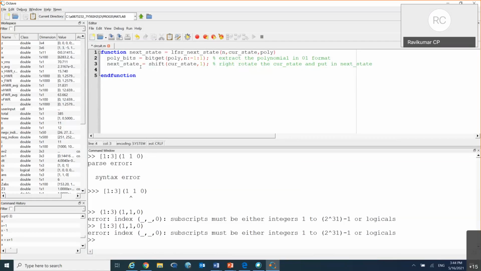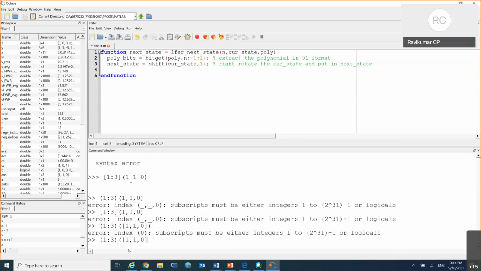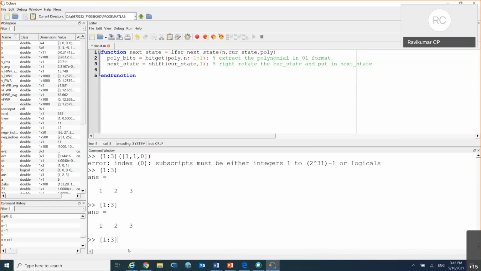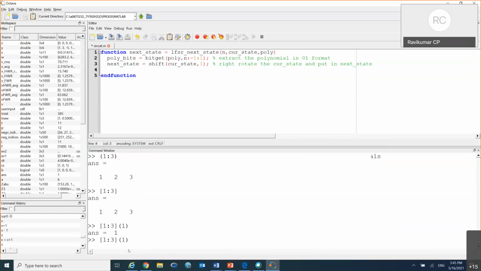I mean the bits which are corresponding to 1. I want the first element and the second element.